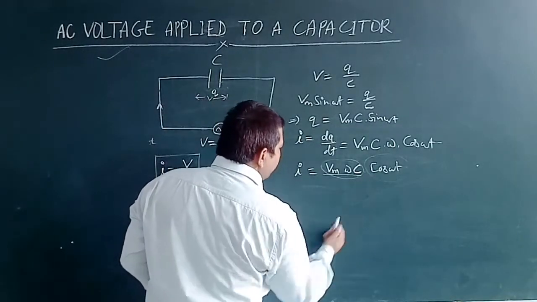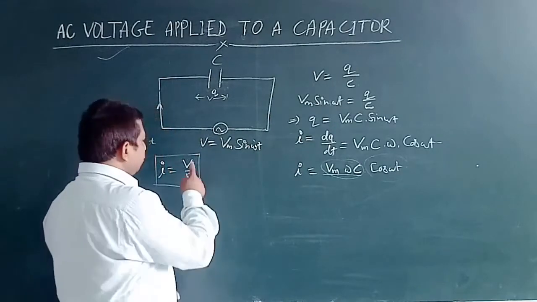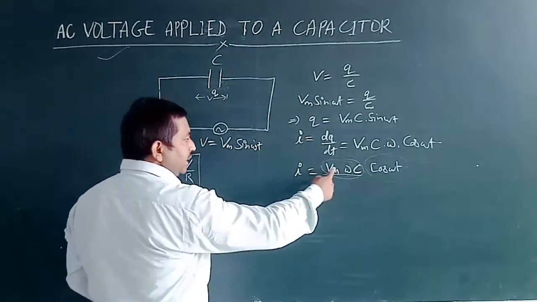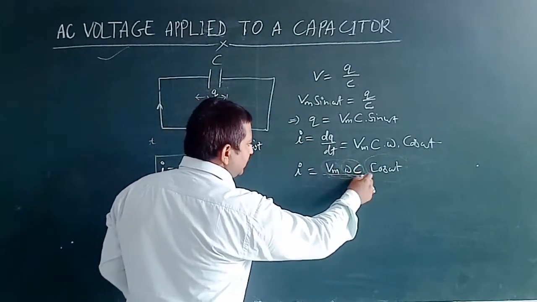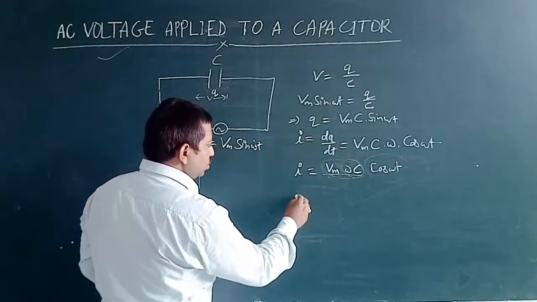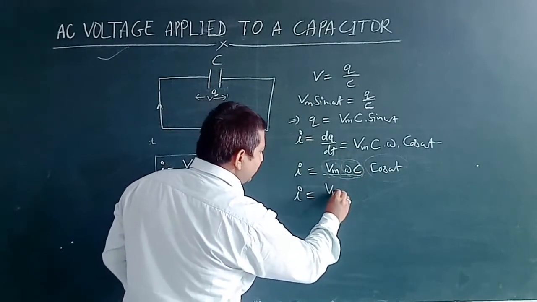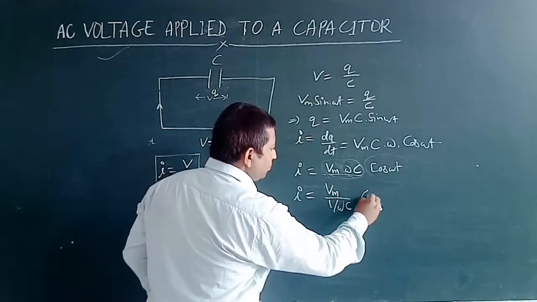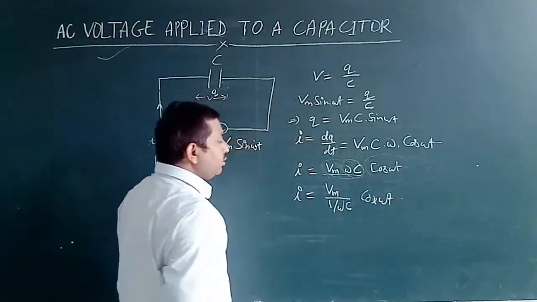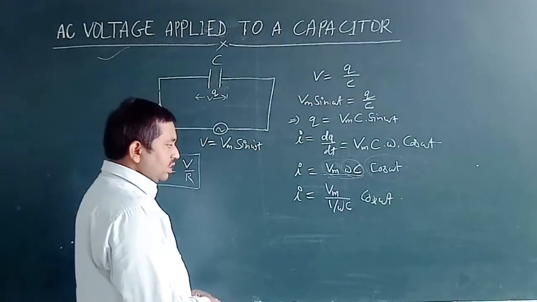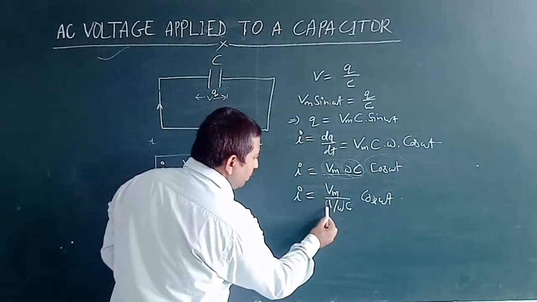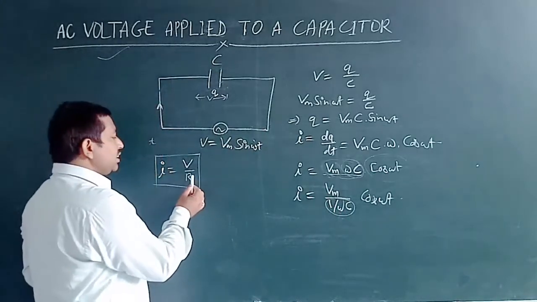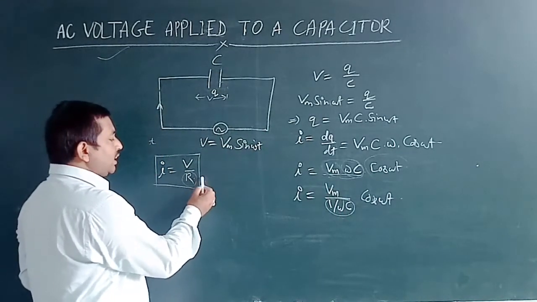After observing it, we can write it in the form of V by R. So here is V, and if we make this R, then from here we can write it as Vm divided by 1 upon omega C. So from here we can easily conclude that this 1 upon omega C has the same unit or dimension as that of R.